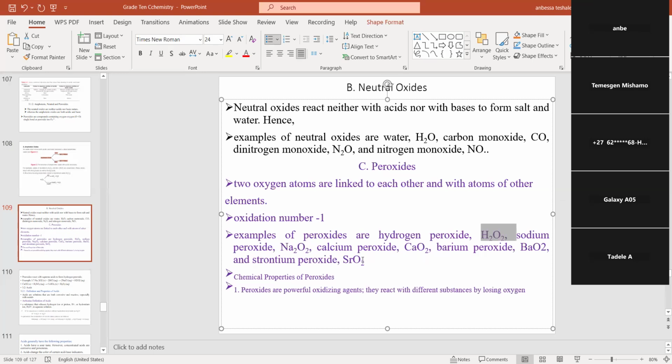እንዴት ነው peroxide የምንለየው? አንድ ሰብስታንስ ፔሮክሳይድ ይሁን አይሁን እንዴት ነው የምንለየው ካላችሁ የኦክሲጅንን oxidation number calculate ማድረግ ነው። Always in the peroxide the oxidation number of oxygen is -1. ይህ ማለት for example, አሁን ለምሳሌ ሃይድሮጅን ፔሮክሳይድ ውስጥ oxidation number of oxygen calculate ለማድረግ x, here we have 2x plus 2 equals 0.